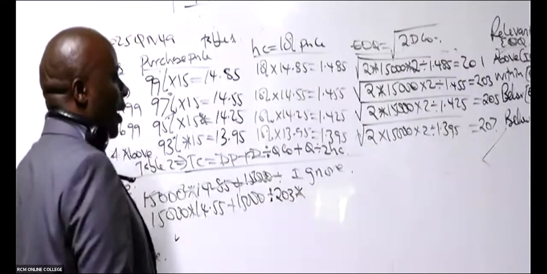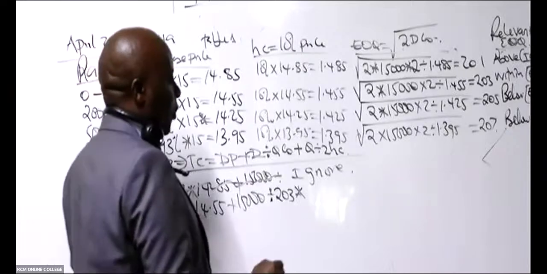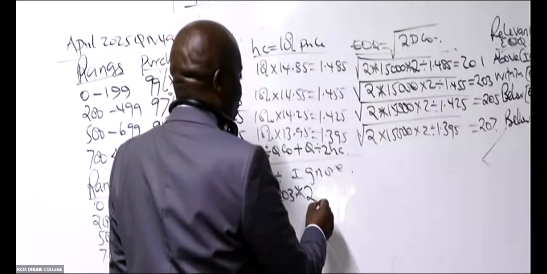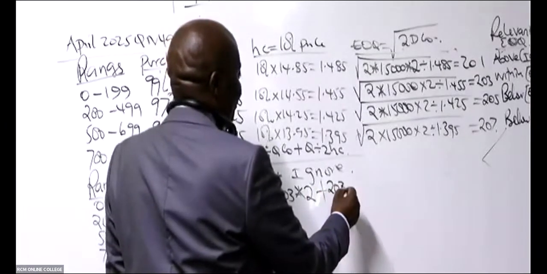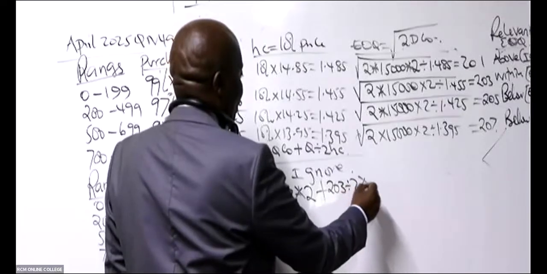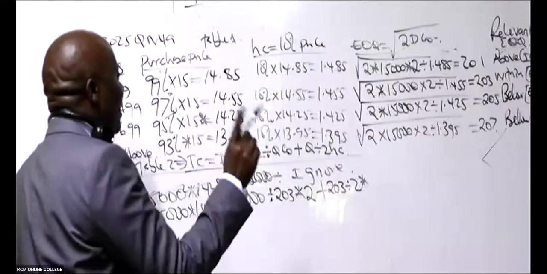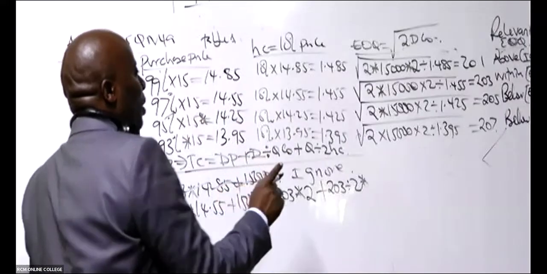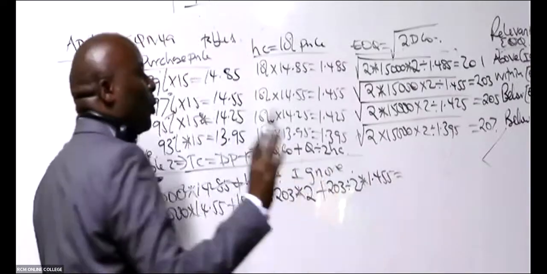What is the cost per order? Plus Q over 2. Q is 203, divide this by 2 times HC for the second class, remember, it's 1.0 what here, somebody? 455.